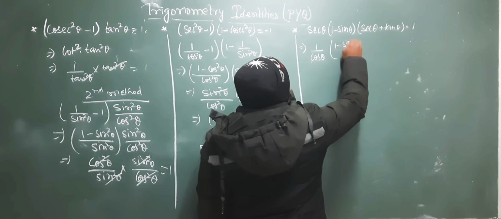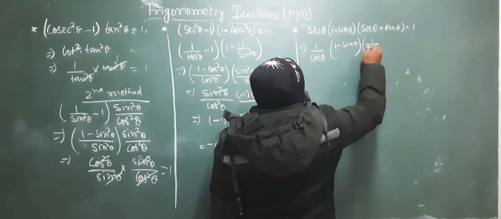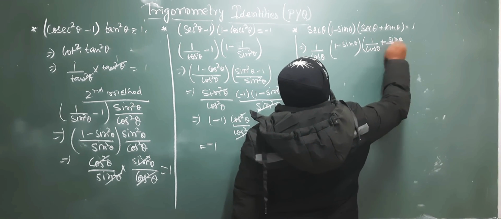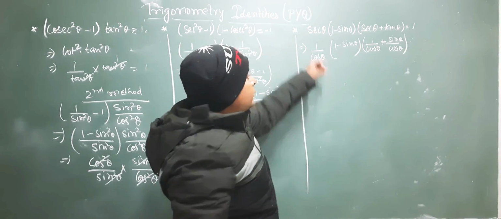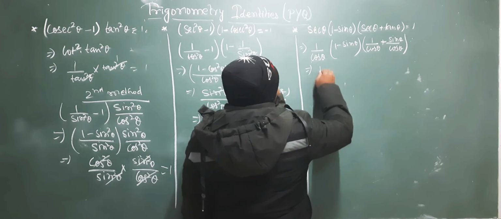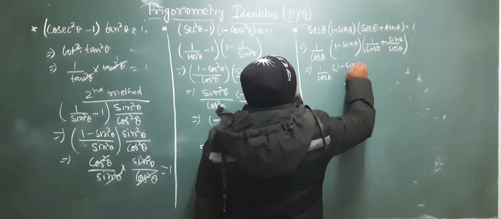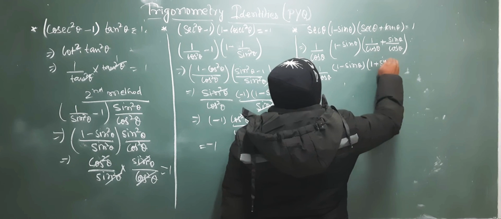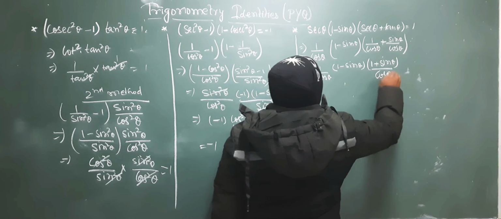So (1 minus sin theta), and sec theta plus tan theta can be written as 1 upon cos theta plus sin theta upon cos theta. Now this is 1 upon cos theta into (1 minus sin theta) into (1 plus sin theta) upon cos theta.